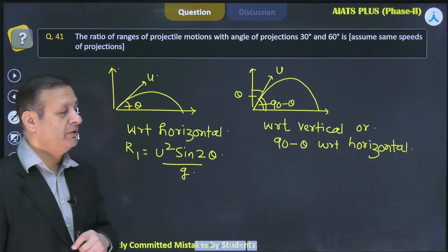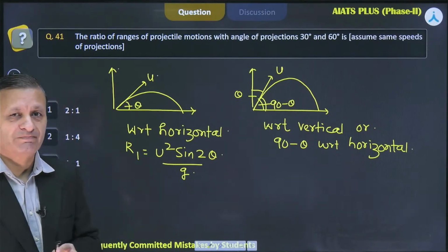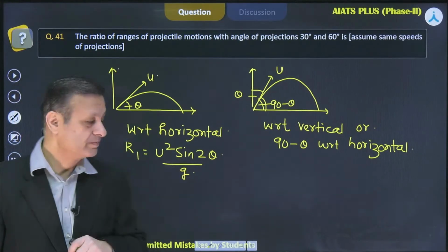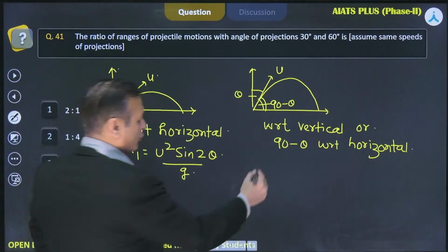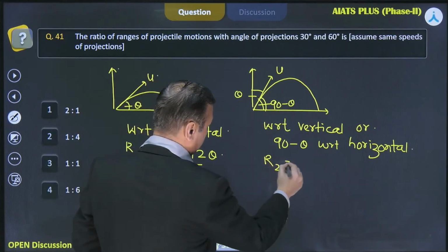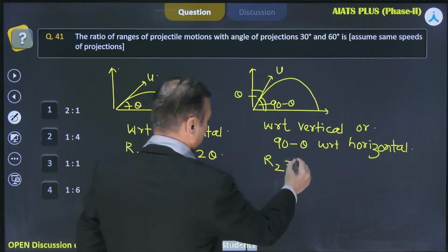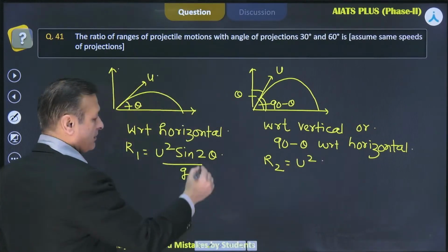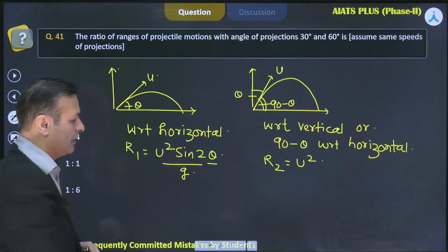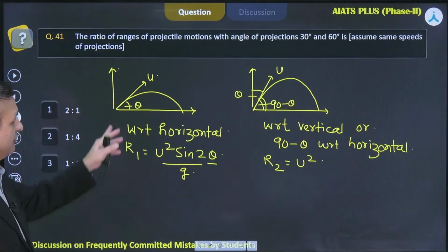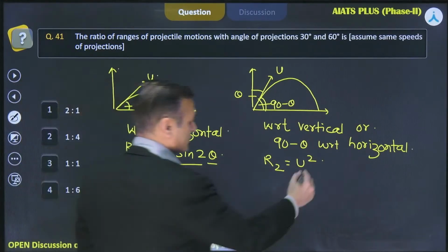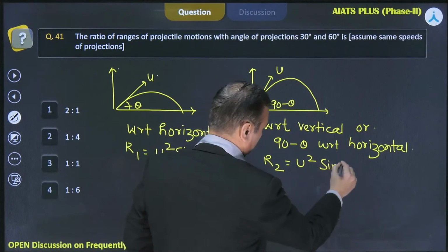Important point to be noted, these two projectiles have to be thrown with the same speed u. So what is the value for this range in the second case? So do we remember this theta initially when you had it for the range? This is with respect to horizontal. So this is u square sine 2 theta by g.